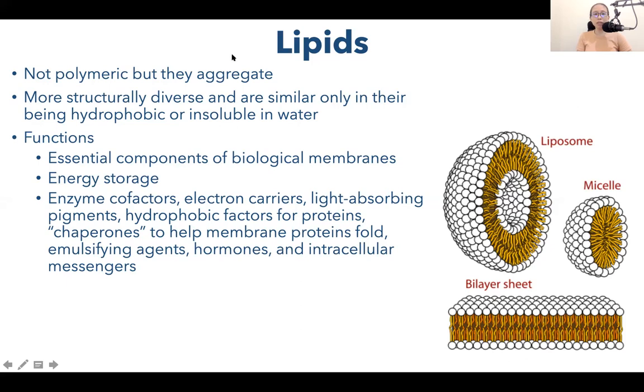So 'di ba yung proteins, polymers sila ng amino acids, nucleic acids, polymer ng nucleotides. And then carbohydrates, polymer sila ng monosaccharides. So lipids are not polymeric, but their special characteristic is that they aggregate.